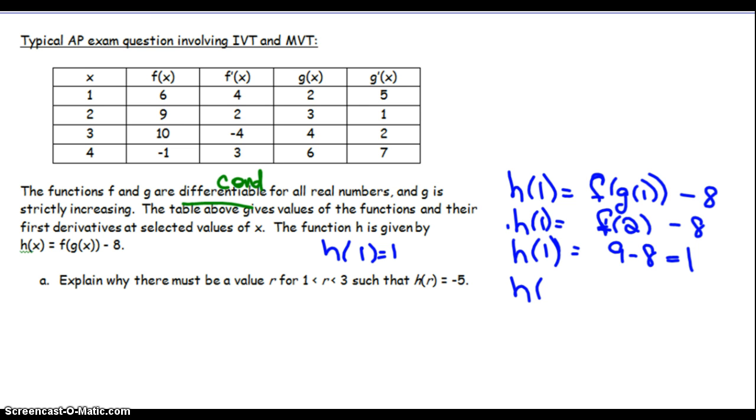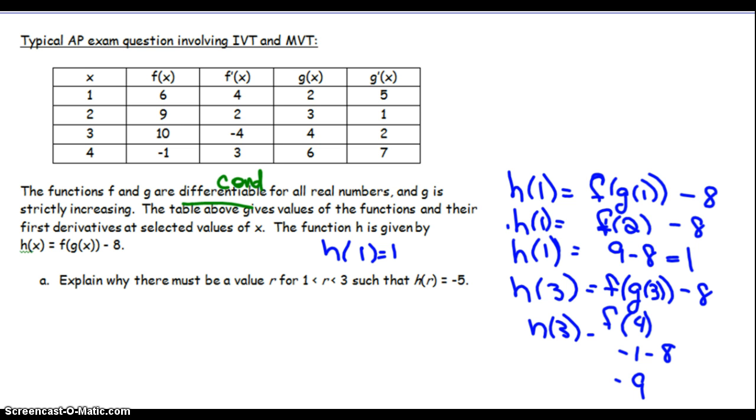And now we'll do h of 3. So f of g of 3 minus 8. So g of 3 is 4. f of 4 is -1, minus 8 is going to give me -9. So h of 3 is -9.